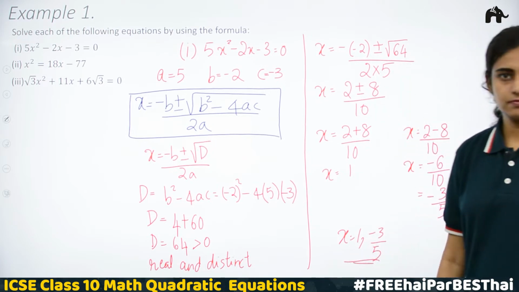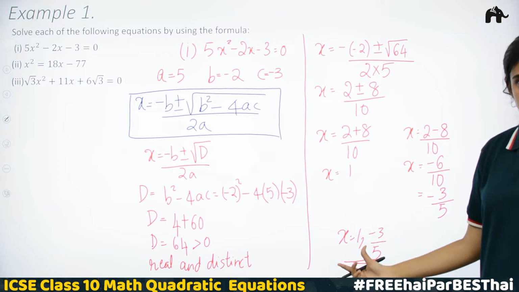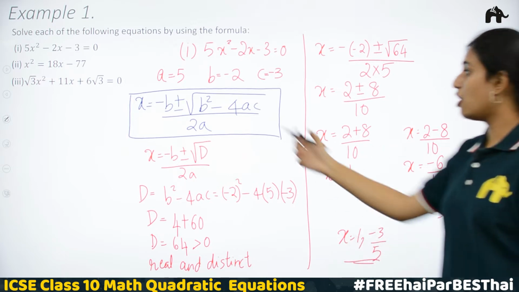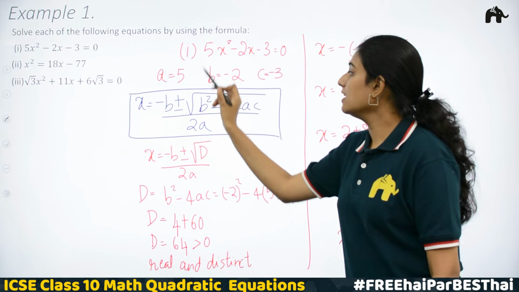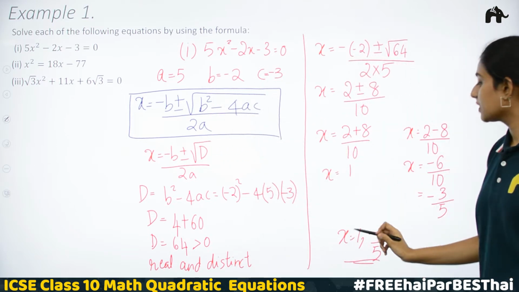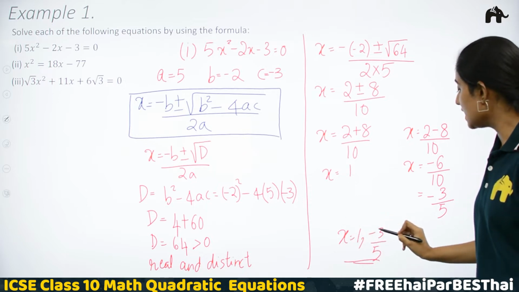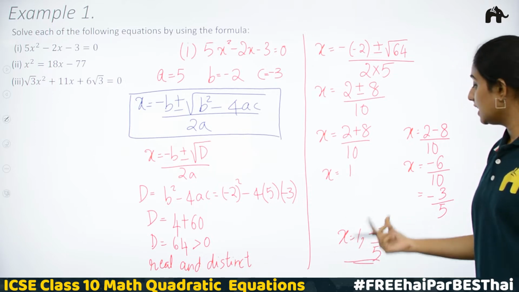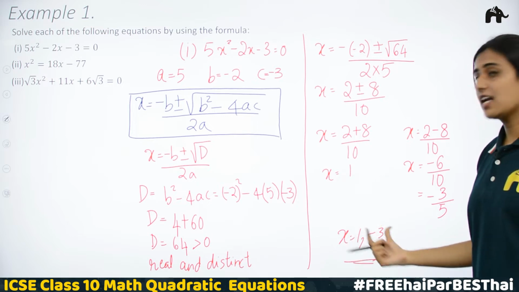Got it? We solved the first question. We used the formula here and substituted the values of a, b, c in the formula. Now check these roots. We got 1 and minus 3 by 5. They are distinct. They are real numbers.